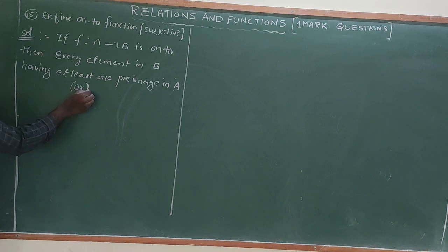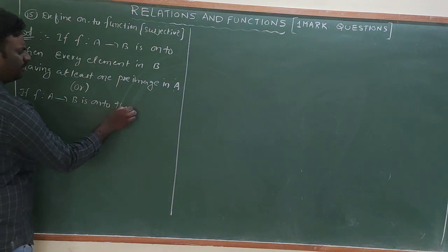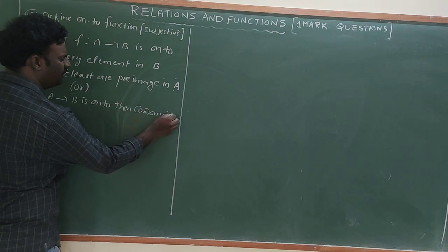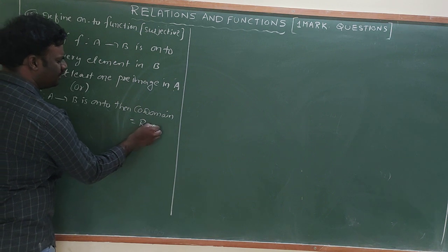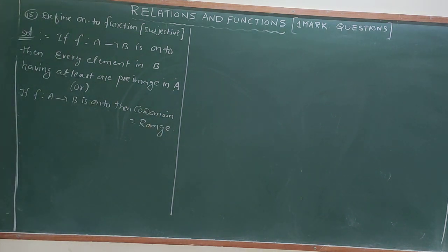So we have one more definition. If f from A to B is onto, then codomain is equal to range. If codomain and range are both equal, that is also considered an onto function. We have one more definition for onto.